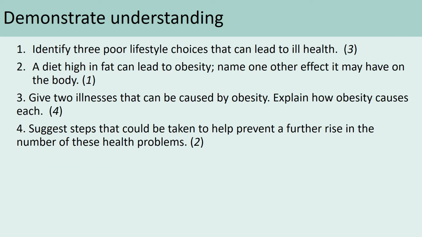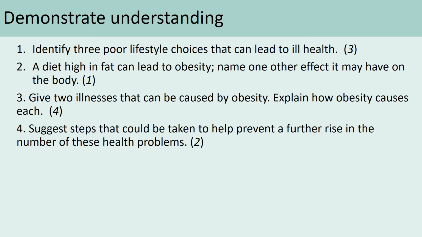Okay, so what we're going to do now is just see how much we have taken on board. We've got 4 questions here, ranging from 1 mark answer to 4 mark answer. Question number 1 is identify 3 poor lifestyle choices that can lead to ill health. Number 2, a diet high in fat can lead to obesity. Name 1 other effect it may have on the body.